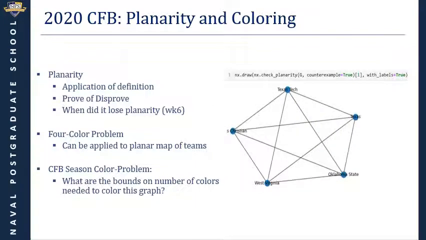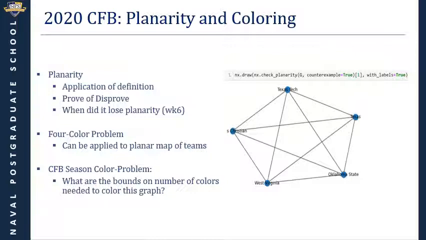Using automation, we can test the entire graph for these contained subgraphs using the NetworkX function check_planarity, which will either confirm if the graph is planar or provide an example of a contained K5 or K3,3 subgraph.